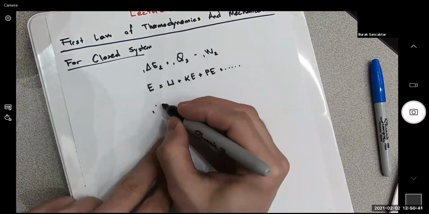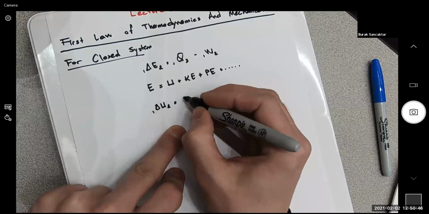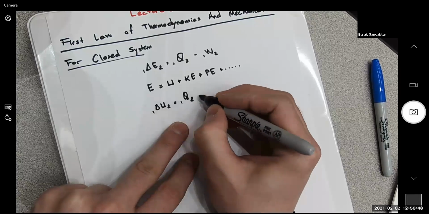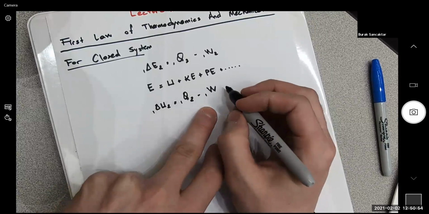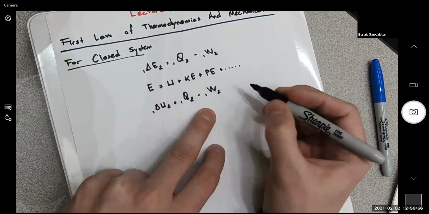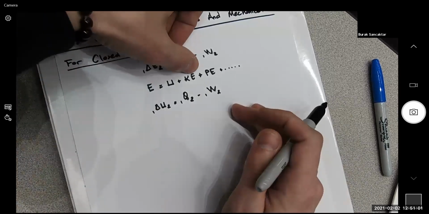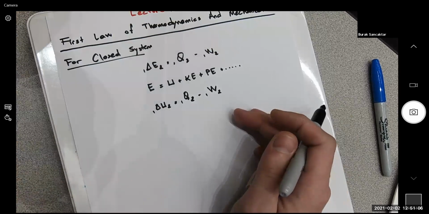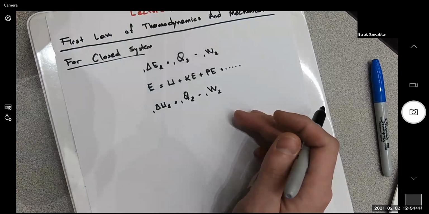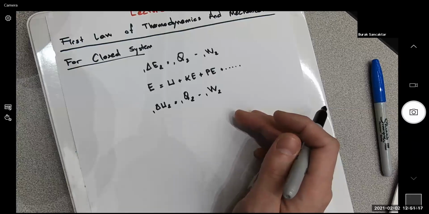So delta U equals the heat interaction from state 1 to state 2 minus the work interaction from state 1 to state 2. In closed systems, we neglect the kinetic energy difference and the potential energy difference, because in a closed system the potential energy difference overall is negligible. Since it is a closed system, mass is not allowed to pass through the boundaries.